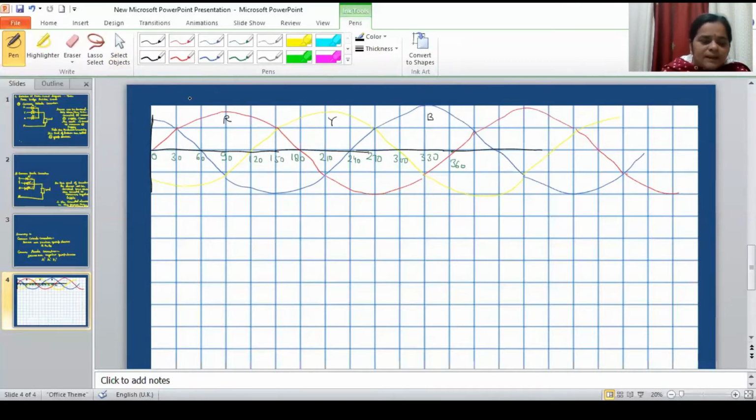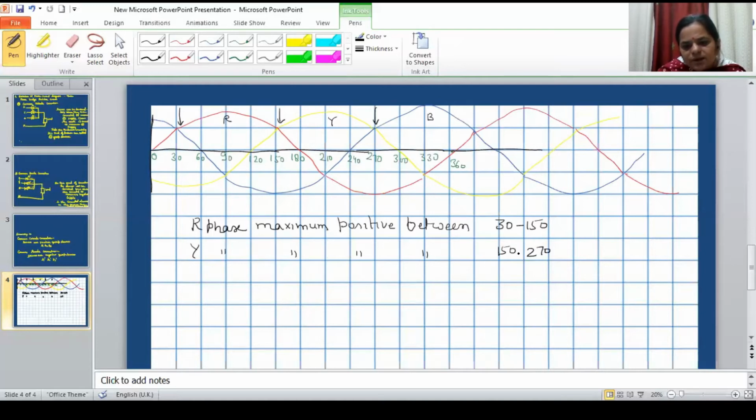Now if you see, the R phase is maximum positive between this point and this point, so that duration is 30 to 150. The Y phase is maximum positive between 150 and 270.